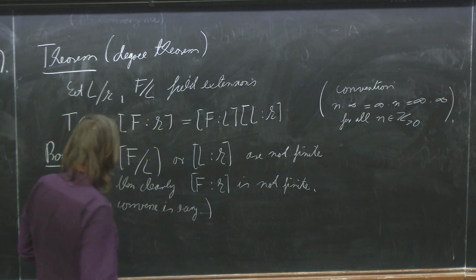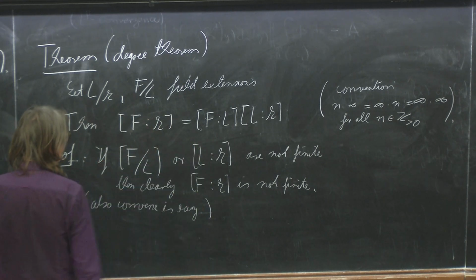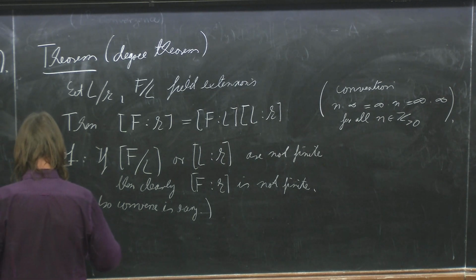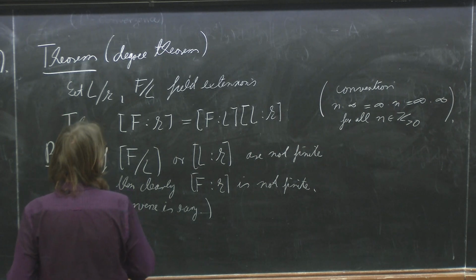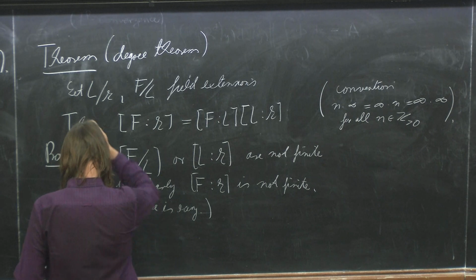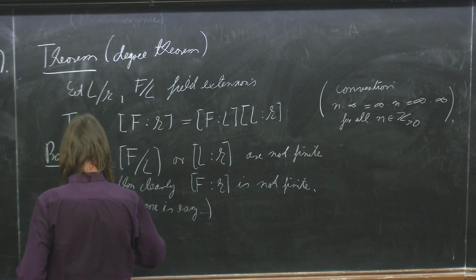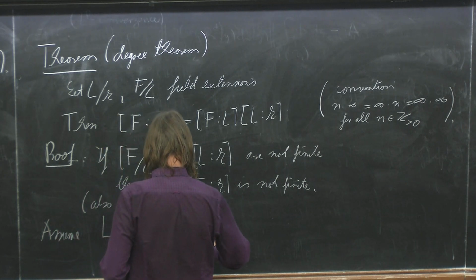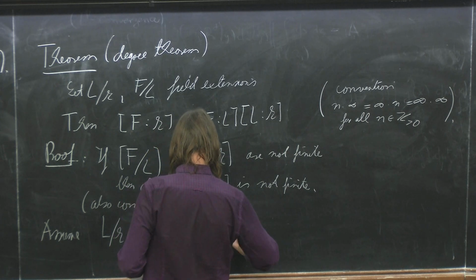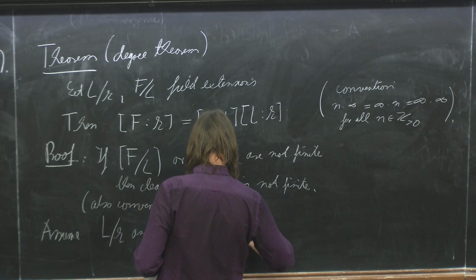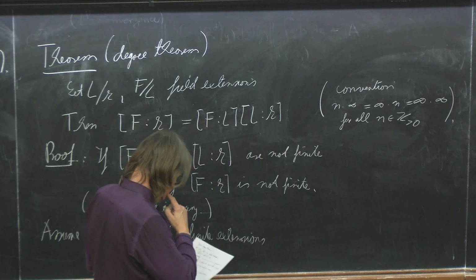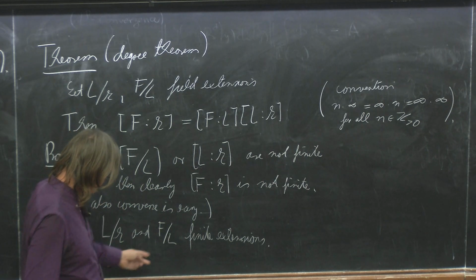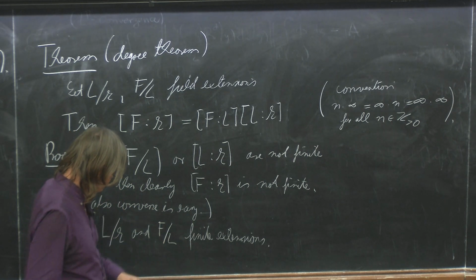So the real thing that we want to show is what happens for finite extensions. So say L over K and F over L are finite extensions. That means L is a finite dimensional K vector space, F is a finite dimensional L vector space, so we can choose bases.